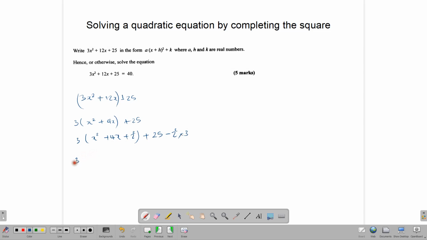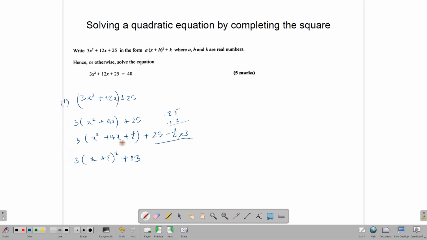So now, factoring everything, we have 3 times (x plus 2) squared plus 25 minus, this is going to be 25 take away 2 times 2 is 4, 3 times 4 is 12, 25 take away 12 is 13. So our result here is 13. So we have rewritten this expression in that form. This answers the first part of the question.